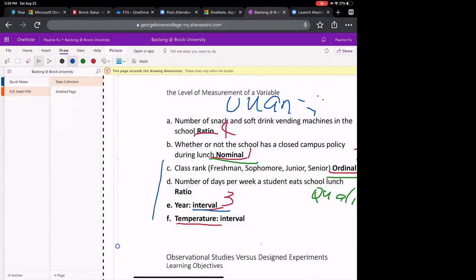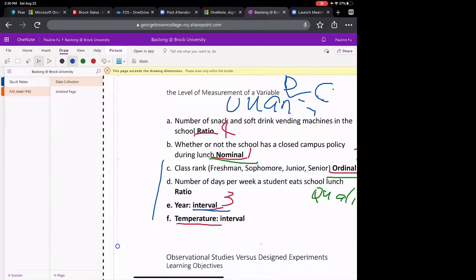And inside this quantitative data, we can further divide into discrete data and continuous data. Discrete and continuous. Okay. So that is the connection between different types of data and the levels of measurement.